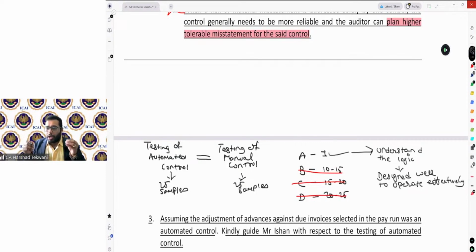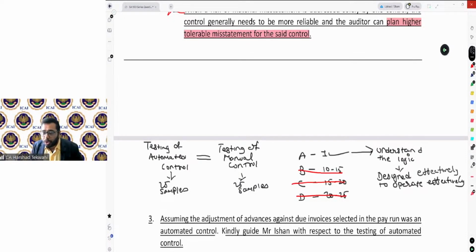So what I need to understand from that one particular sample is whether that automated control is designed effectively to operate effectively. That means I need to see whether the design of that automated control, the logic, is designed in such a way that it can operate appropriately and effectively every time without any intervention.